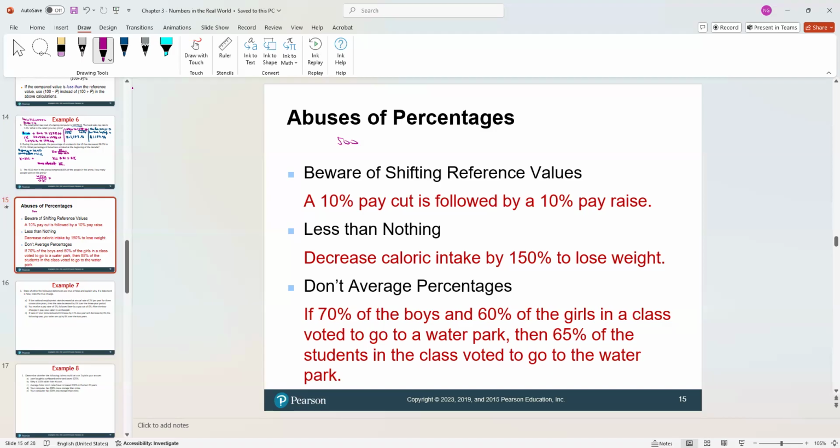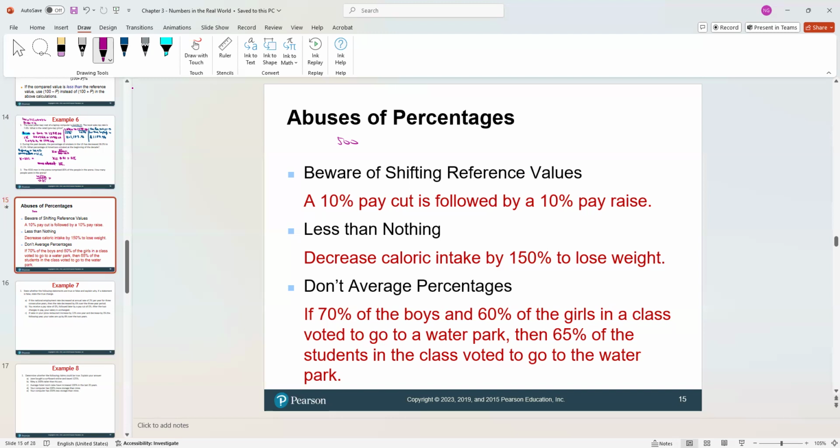Now, because the company was not doing so well, they decide, you know what? In order to save the company, I'm gonna cut 10% from your salary, but I promise at the end of the next 3 months, I'll give you back your 10%.